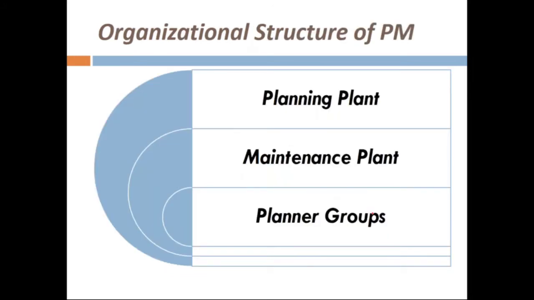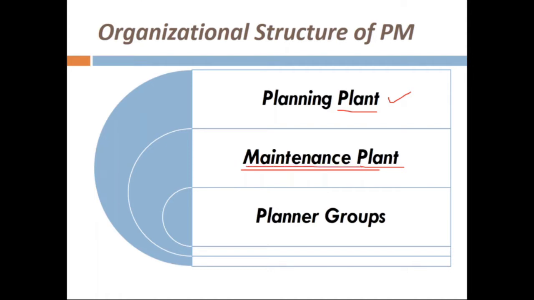After this, we will go to the org structure. I believe most of you might be aware of these terms, like at least plant. I'll just give you an overview. Plant is like a location. First I'll start with maintenance plant.